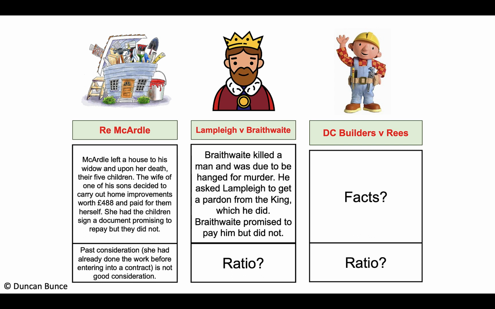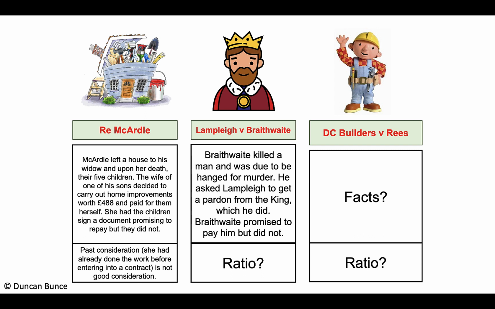And of course Braithwaite promised to pay him, but then when he got the pardon and he escaped this murder charge and the death penalty, then chose not to do it, and that's why it went to court.